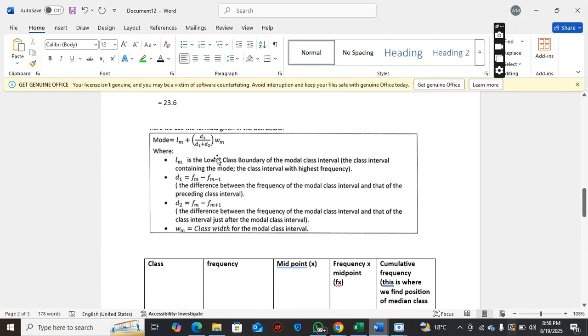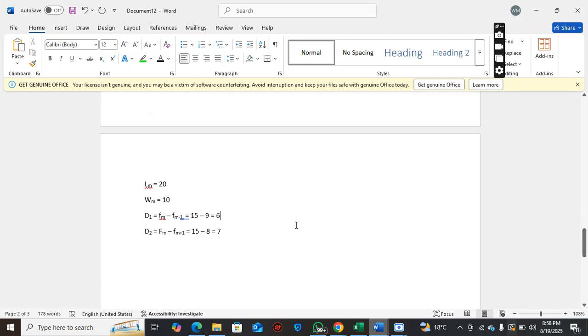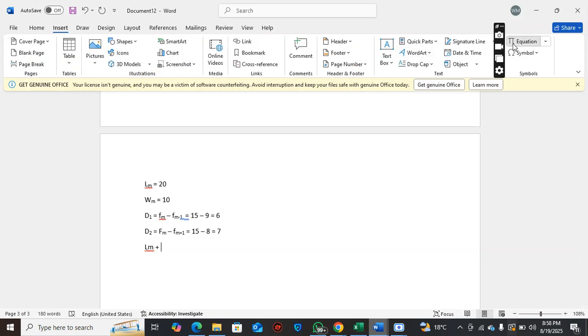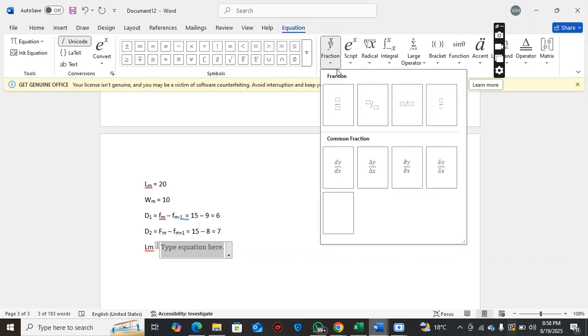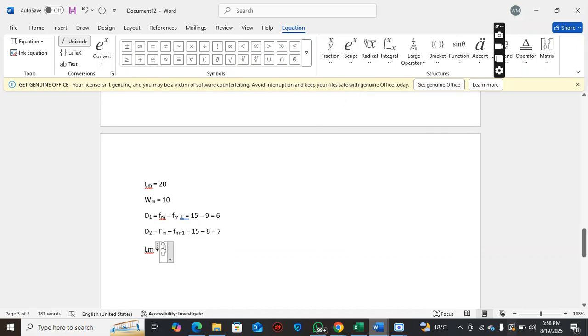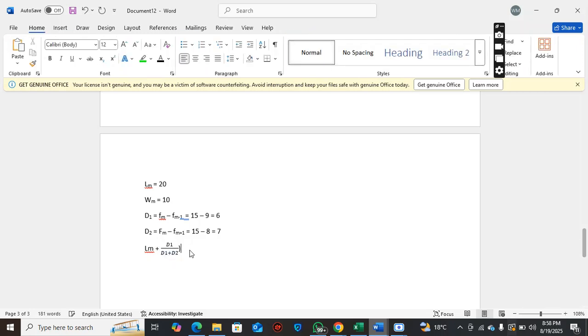So you use this formula: Lm plus D1 over D1 plus D2 times Wm.